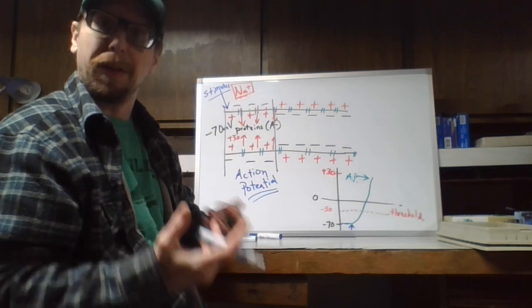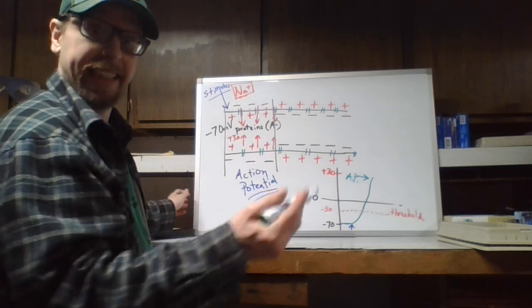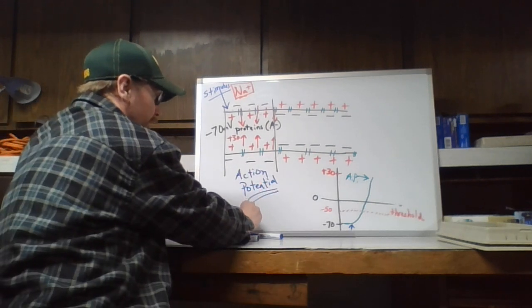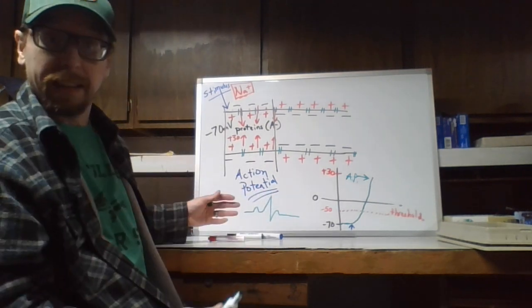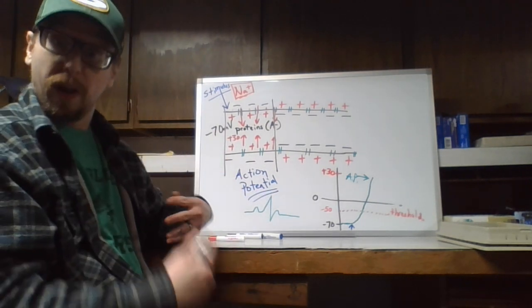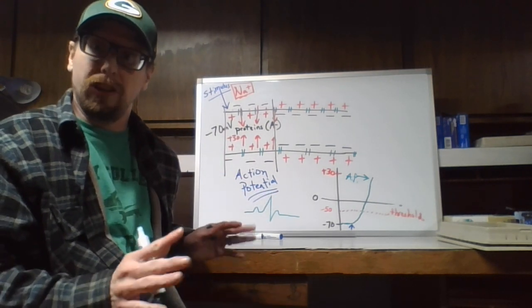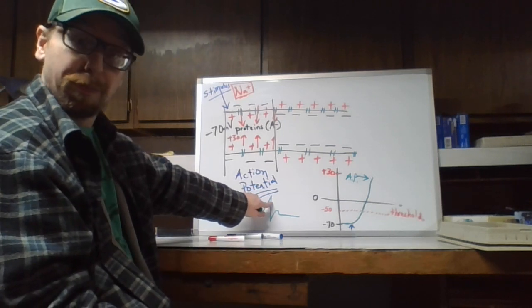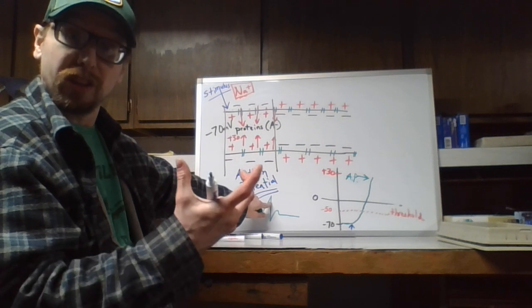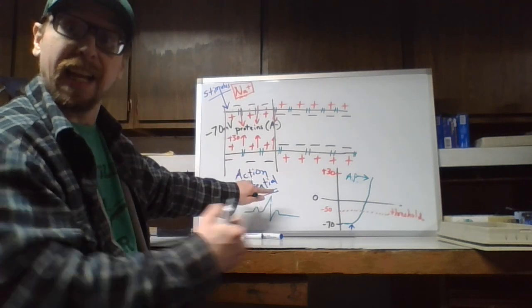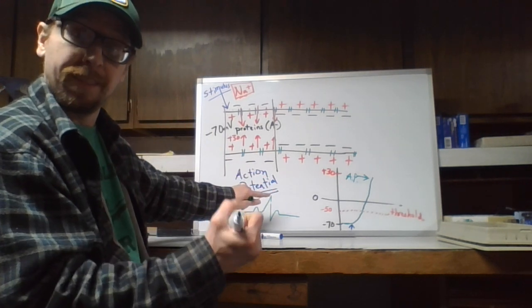You may be familiar with this when you're looking at an EKG, because an EKG looks like this. You've probably seen that before, and if you know anything about EKGs, this spike right here, this little peak, is where the ventricles of the heart, boom, contract and become active.